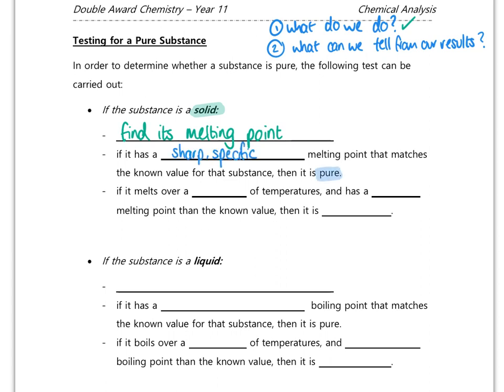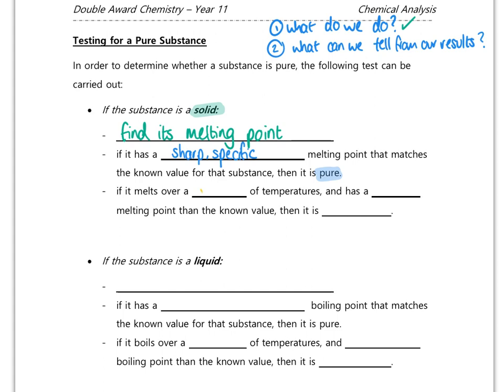But if, when we are determining its melting point, we find that it melts over a range of temperatures, say, for example, it starts to melt at 210 degrees C but finishes melting at 214 degrees C, then we know that it is impure.